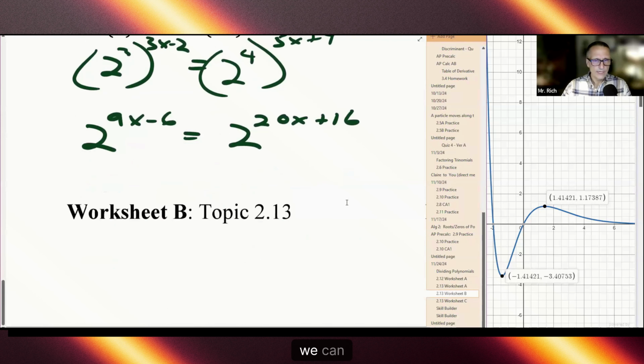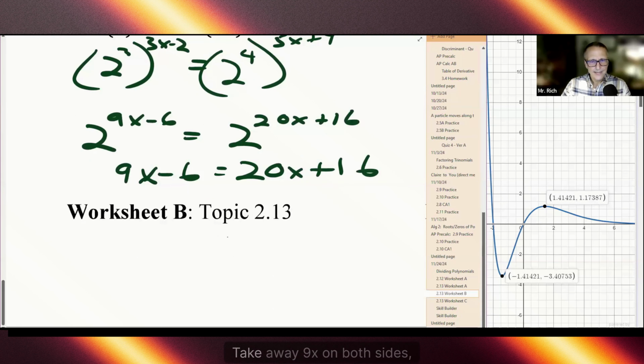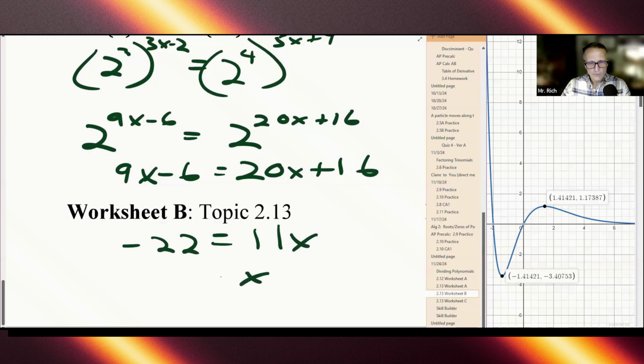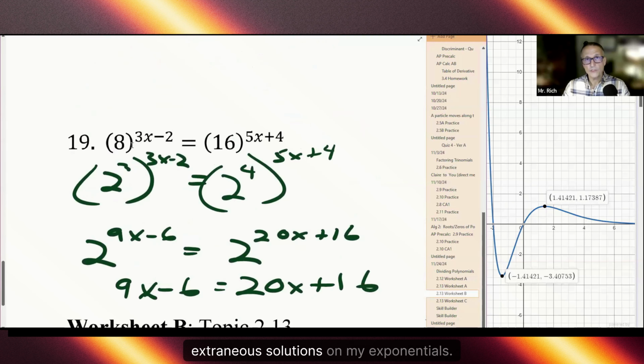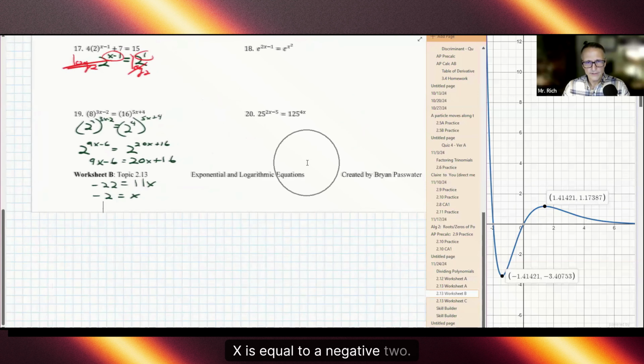Now we can set the two exponents equal. 9x minus 6 is 20x plus 16. Take away 9x on both sides. Take away 16 on both sides. We get x is equal to negative 2. And I'm not going to have extraneous solutions on my exponentials, so I'm good to go. x is equal to negative 2.